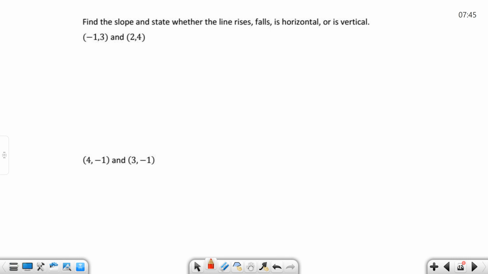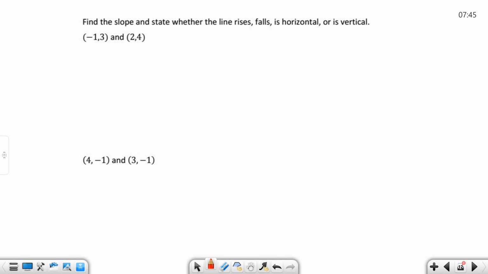It is falling. If your line is horizontal, side to side, is there any rise to that? No. So it's 0 over something, which is 0. So 0 slope is horizontal, and then a vertical line, that's a bunch of rise over no run. That's called undefined slope. This slope is not defined, so we call it undefined.